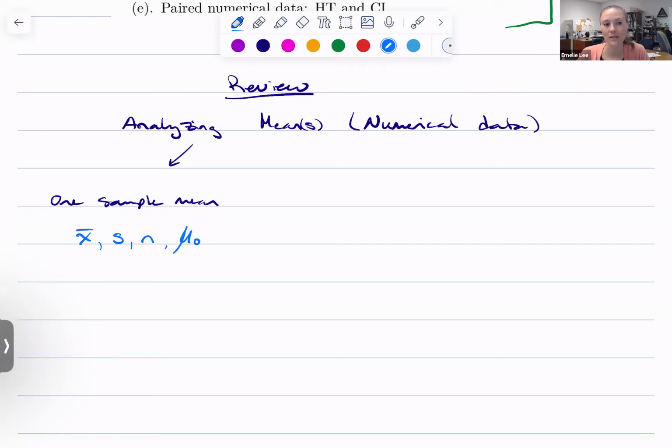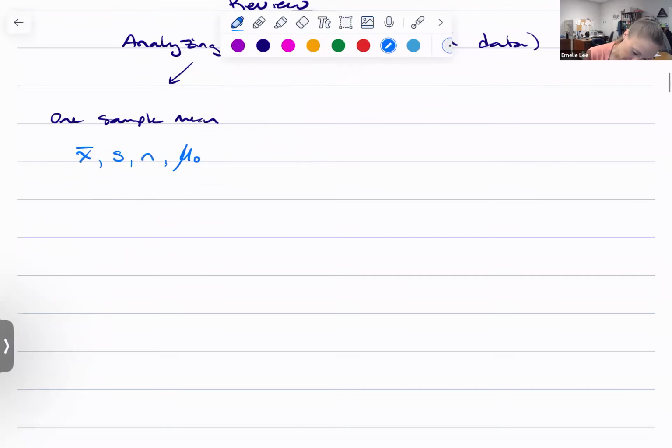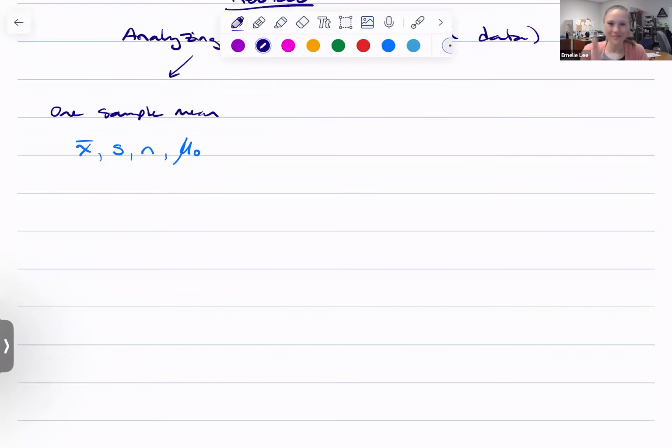And that mu naught is going to be what's in your null and alternative hypotheses. And for one sample mean, I'm going to do them side by side so that we see the similarities between one sample means and paired samples.